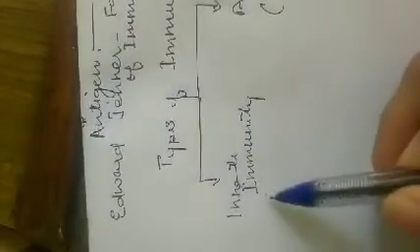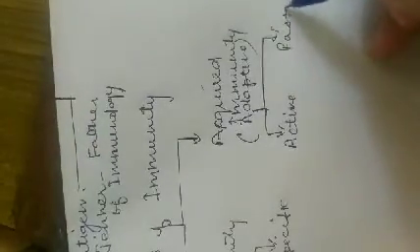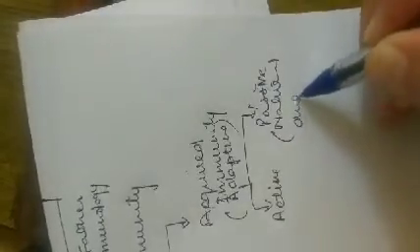The innate immunity is non-specific and it is also specific, while acquired immunity is of two types, active and passive immunity. Passive is natural and artificial also.